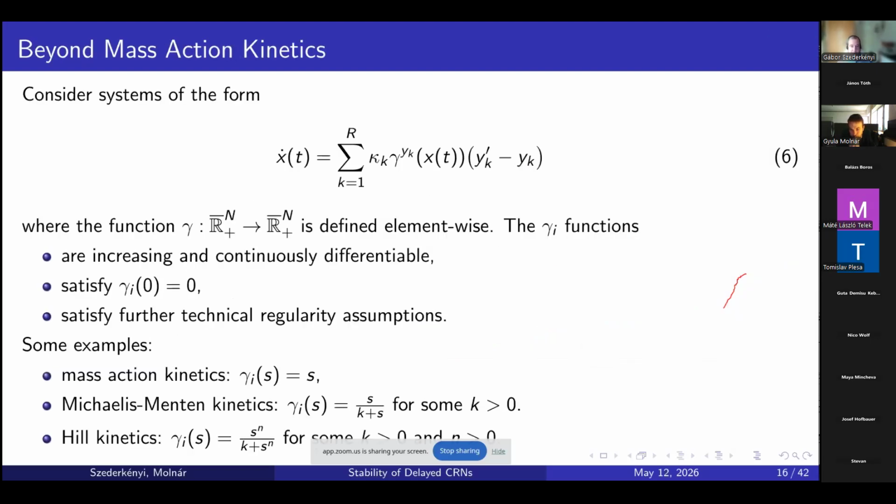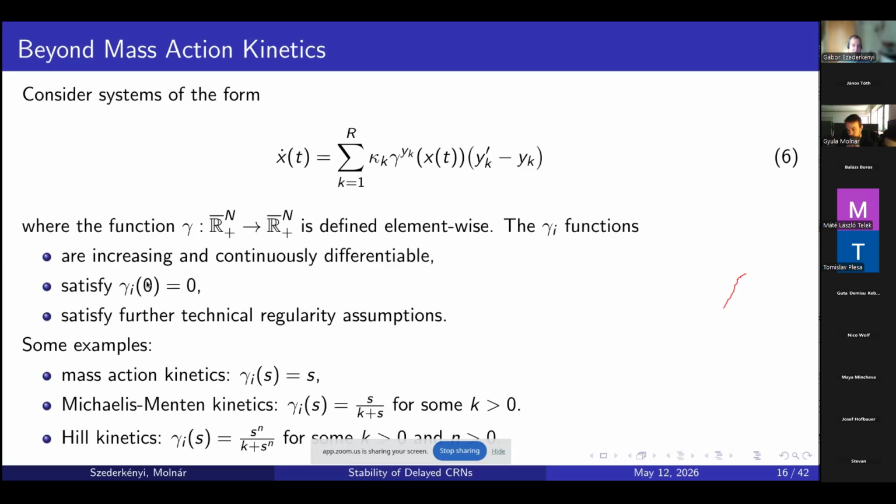A next step was the consideration of non-mass action kinetics. Of course, a very well defined class of non-mass action kinetics. So these will be the reaction rates now defined by this gamma function. This is a vector function defined element-wise, which means by coordinate functions. The gamma i functions should have some important properties.